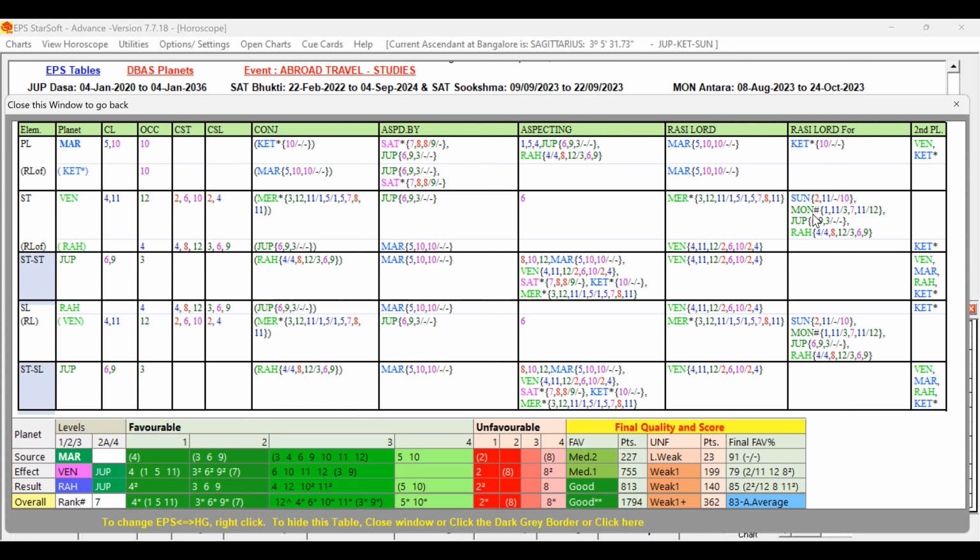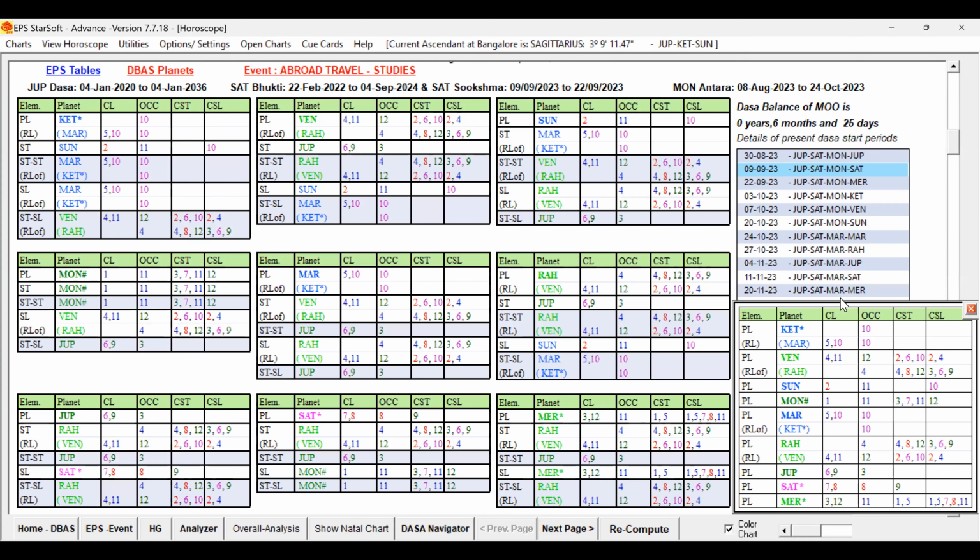Venus is the Rasi Lord for Moon, and Rahu also can have Rahu. The second planet is Venus. Venus is having Moon and Rahu, because Moon and Rahu are in indirect conjunction. So Rahu and Venus are having a connection to the Moon indirectly, through the supports. So that way Mars is favorable for traveling abroad.